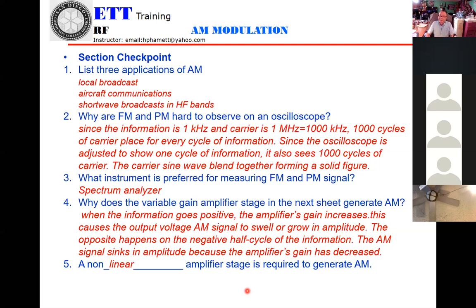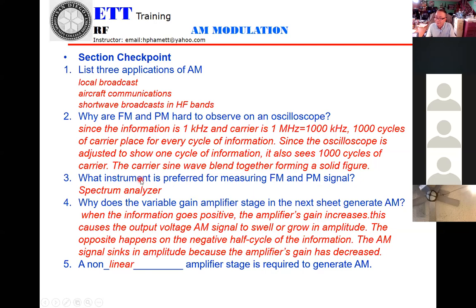Since the information is 1 kilohertz and the carrier is 1 megahertz, that means 1,000 cycles of carrier are played for every cycle of information. Since the oscilloscope is adjusted to show 1 cycle of information, it also sees 1,000 cycles of the carrier.